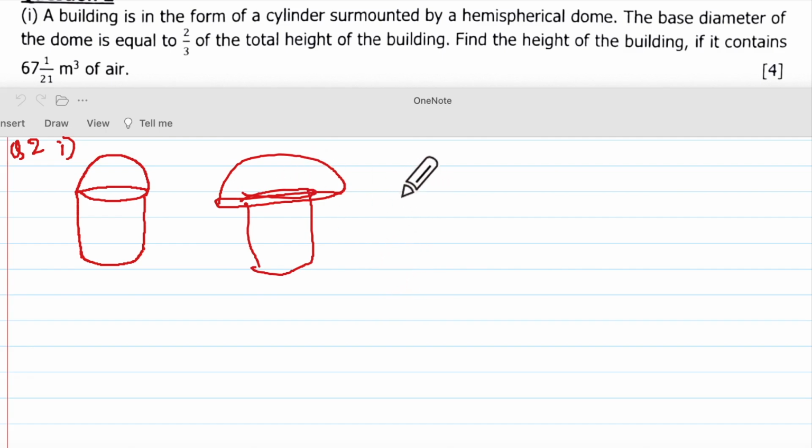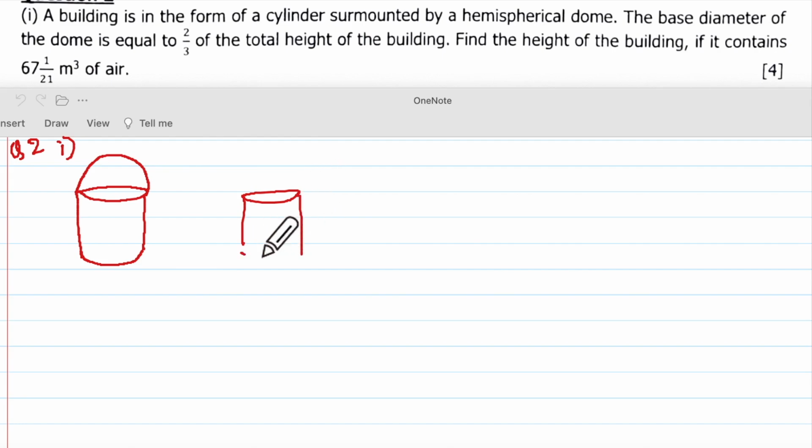One person showed the cylinder like this and the dome was like this. Can you see that? I don't understand. You cannot do that. Alright, so remember, this is the radius, the base radius of the dome. Now purposely they tell you base radius, means this radius also, correct?